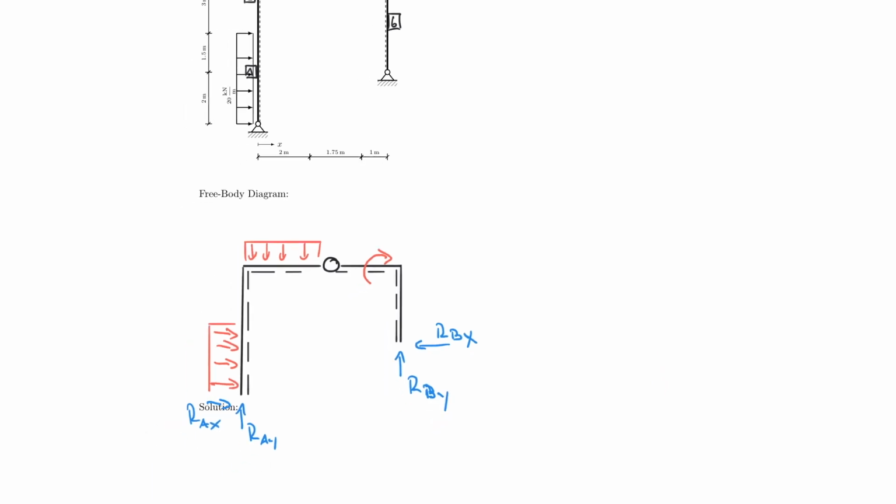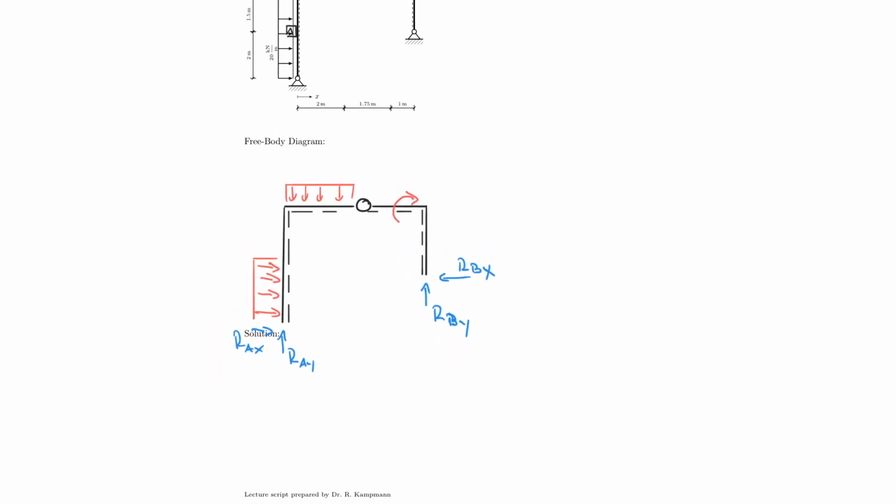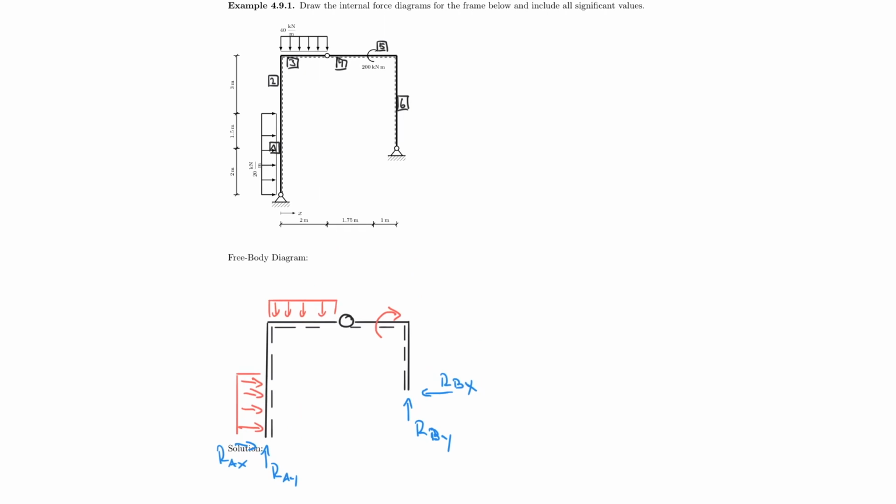So let us solve the system, and I probably should give myself a little hint here. This was 40 kilonewton per meter. This was 200 kilonewton meter, and then we have 20 kilonewton per meter.